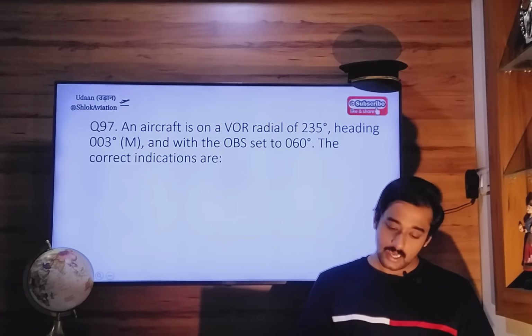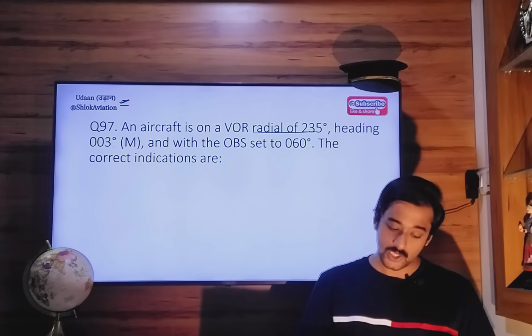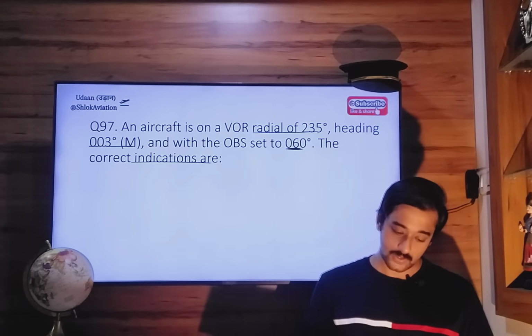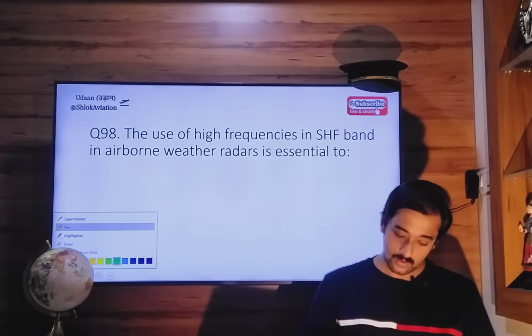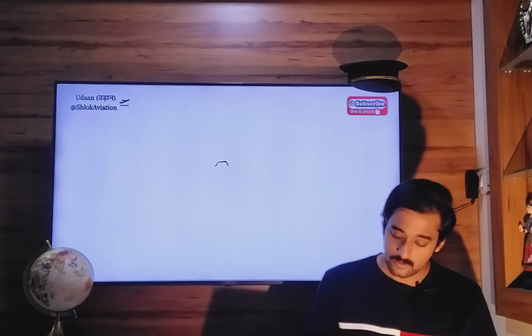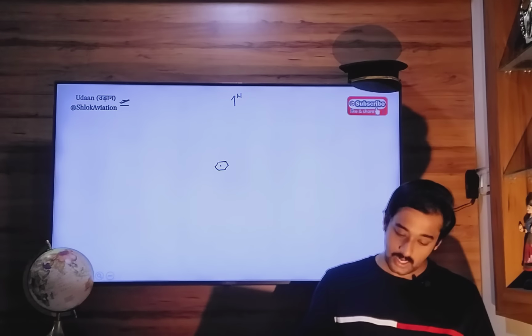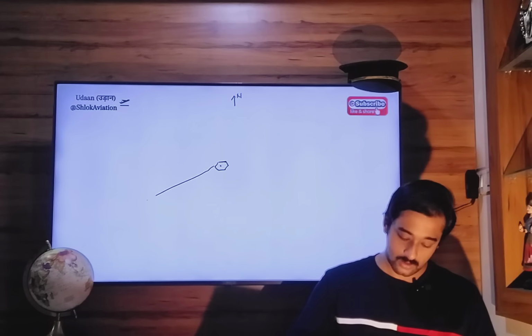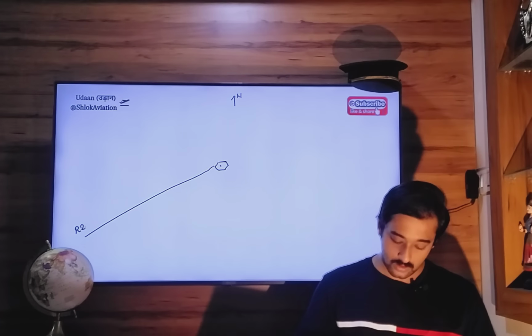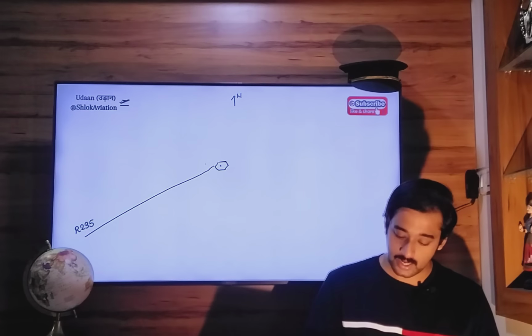Next, aircraft is on a VOR radial 235, heading 003 magnetic, OBS 060. What are the correct indications? There is a VOR station, radial 235, heading 003 magnetic.